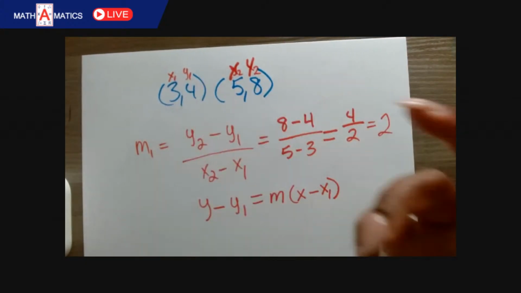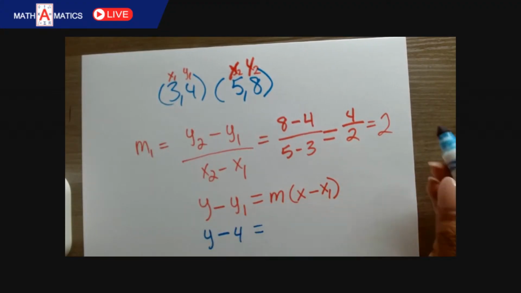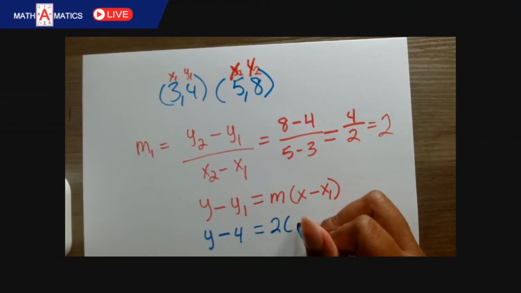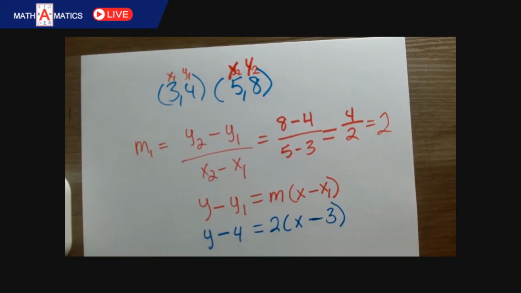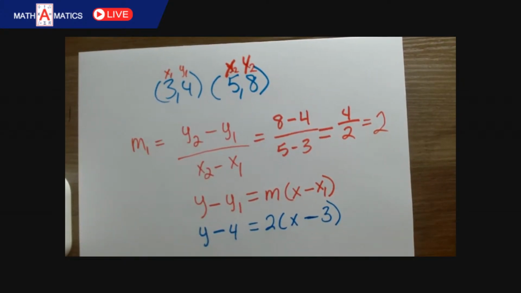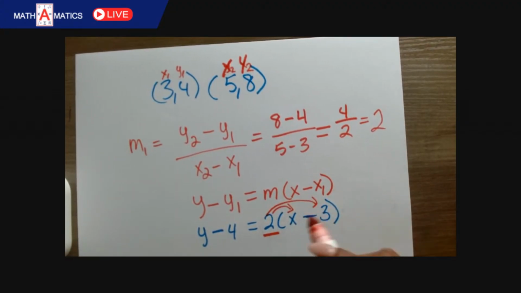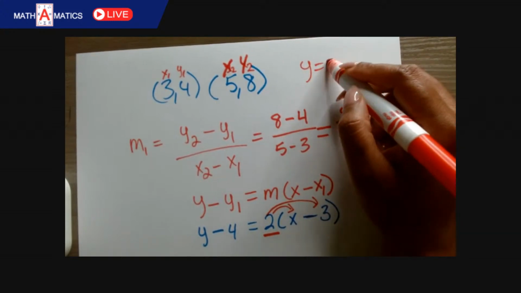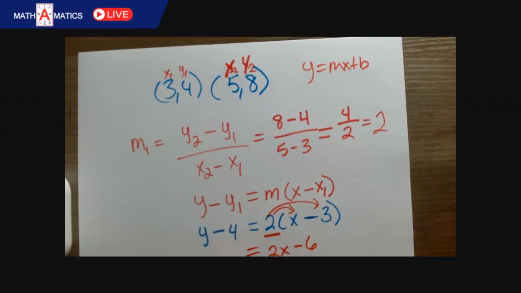Okay, so I'm just going to use our 3, 4. So y minus 4 is equal to 2 times x minus 3. Alrighty, and now thinking of our order of operations, we are going to distribute this 2. And if you notice, it's already going to be starting to look like our y equals mx plus b, like we wanted. So we get 2x minus 6 is equal to y minus 4.